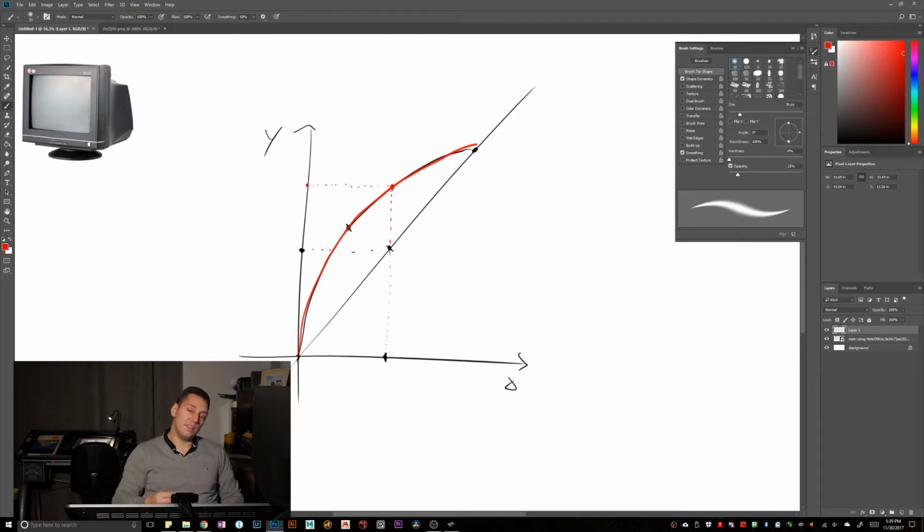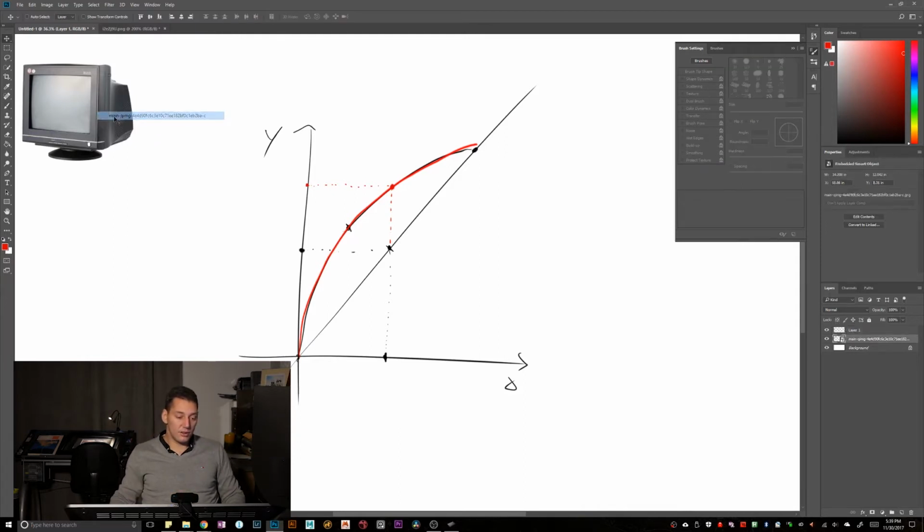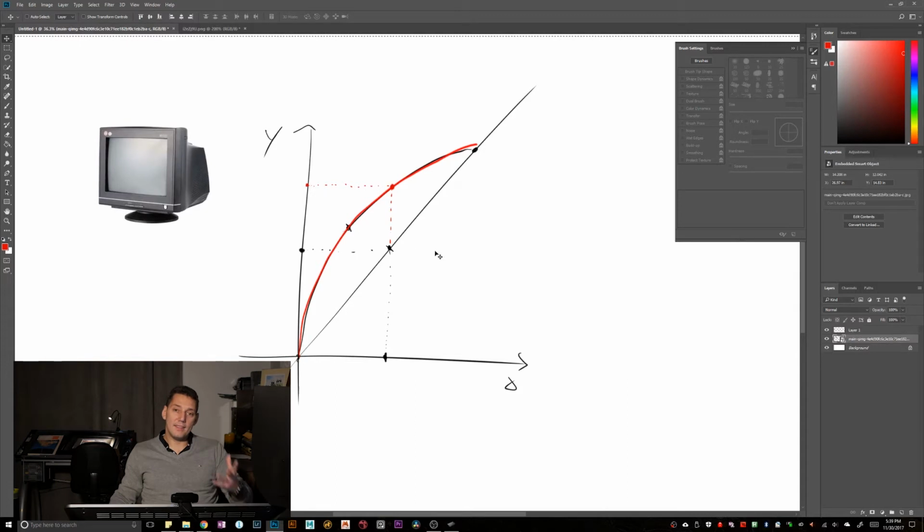And this is where things get tricky, because it means that the relation between the first term and the other term is not linear, and hence there is a difference between the way one element is increasing versus the other one. And this is where our friend here, the CRT monitor, had a problem.